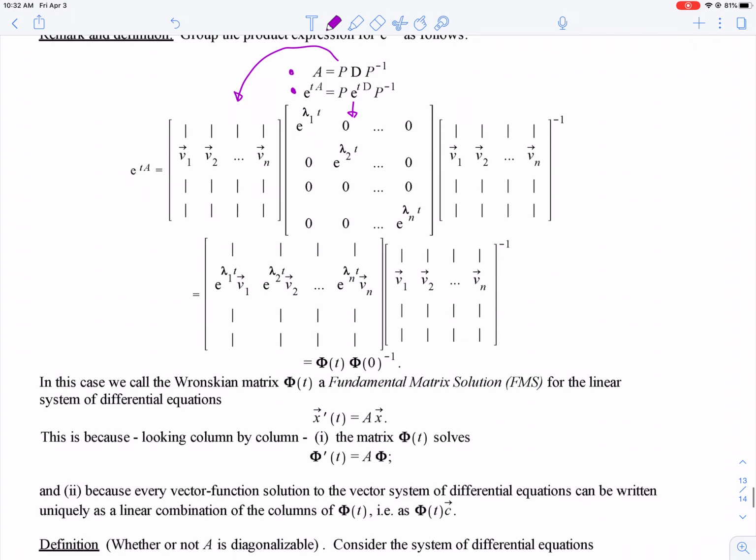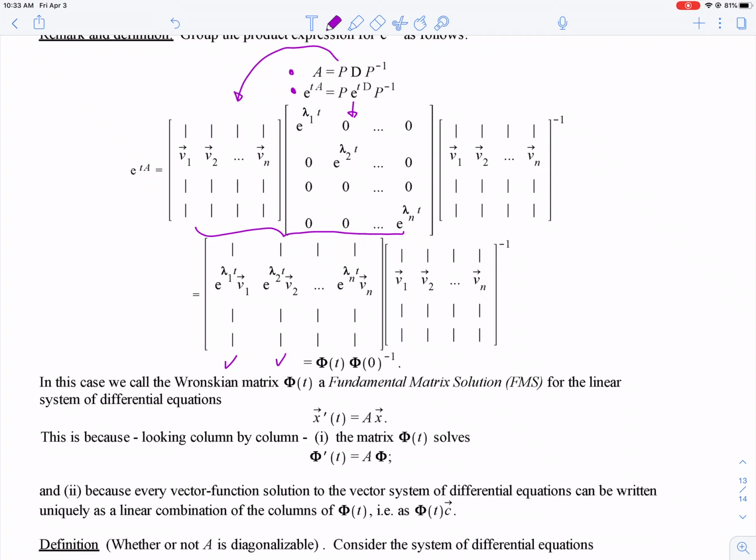If you multiply these first two matrices together, you'll see that the first column of the product is just e to the lambda 1 t times v1, plus no v2s plus no v3s and so on, using the linear combination expression for matrix times vector. The second column of the product is no v1s plus e to the lambda 2 t times v2, plus nothing else, and so on.